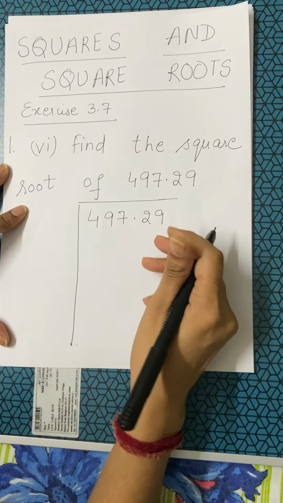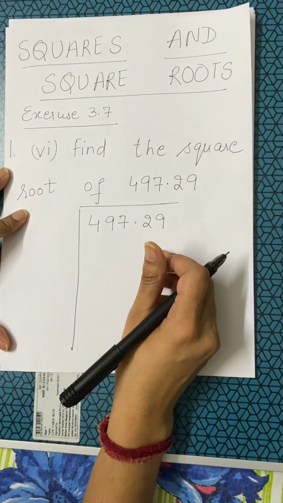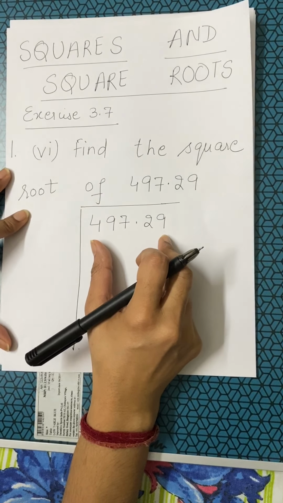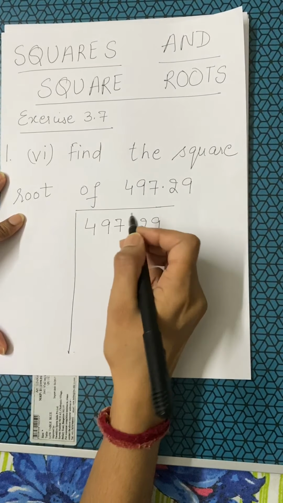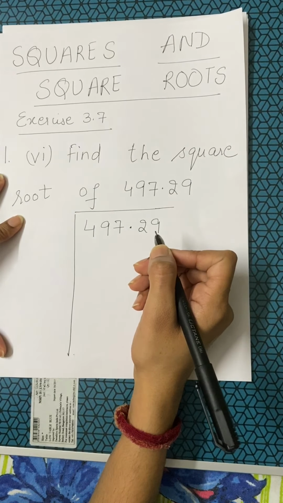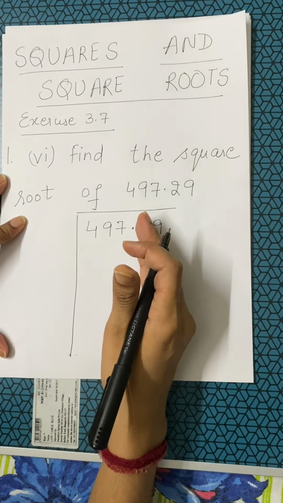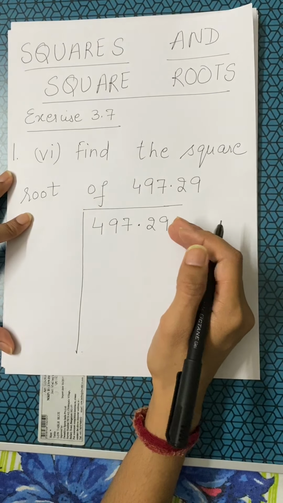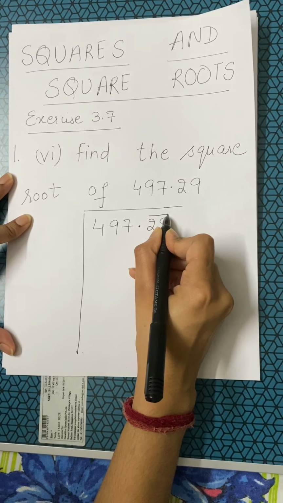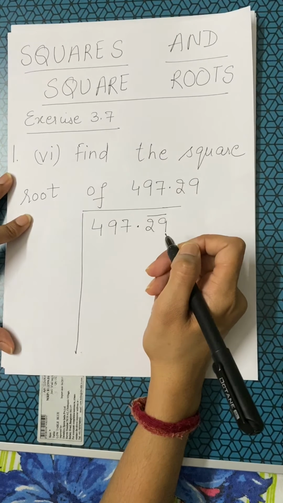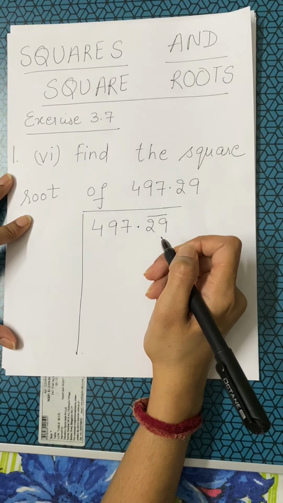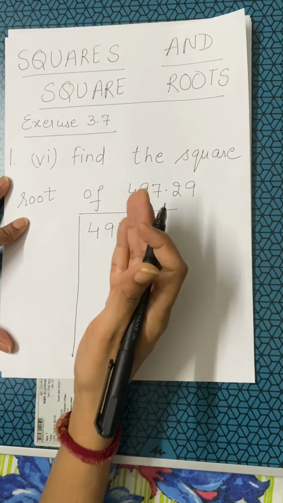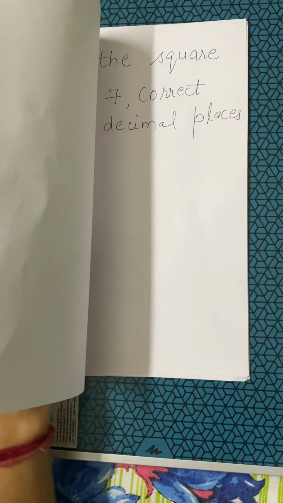Now the first question, sixth part: find the square root of 497.29. There is one rule you have to keep in mind if you are using a decimal number directly in decimal form. The digits written after the decimal will always be paired from the left-hand side. If you remember, earlier when we were finding square roots using the long division method, we were pairing the digits from the right-hand side.